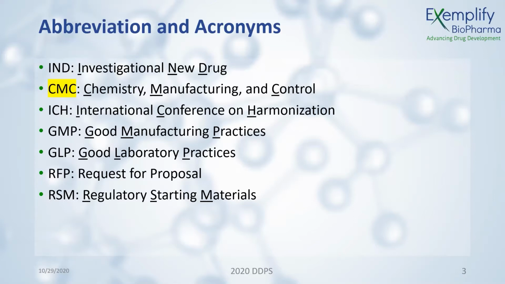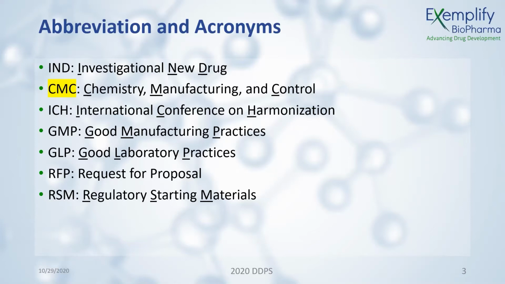IND stands for Investigational New Drug. CMC stands for Chemistry, Manufacturing, and Control. Inevitably, we use the ICH guidelines, the International Conference on Harmonization. You have heard a lot about Q3 and Q1A, which govern impurity controls, quality, stability, and so on.